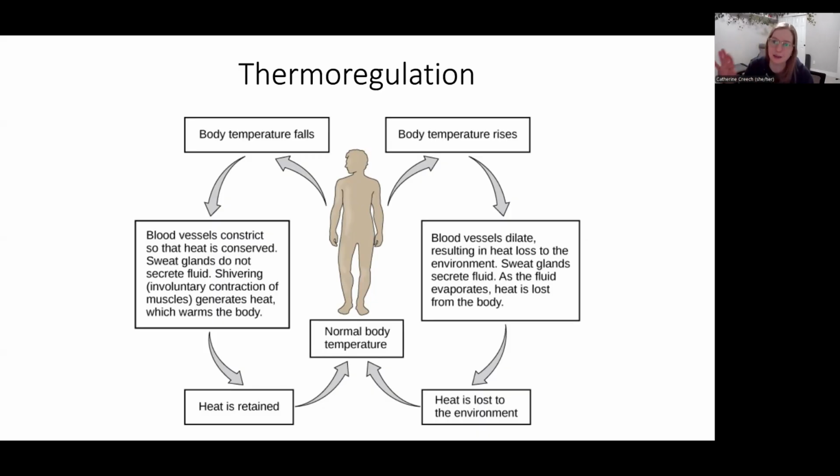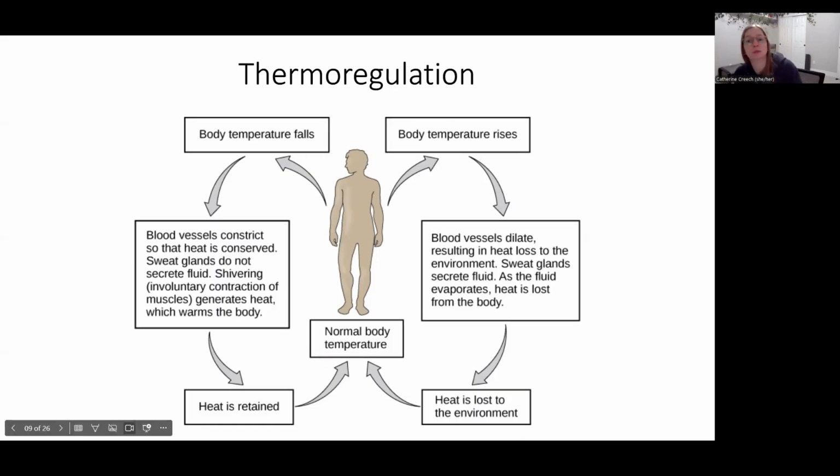So you're going to dilate your blood vessels, which is going to get more heat toward the external parts of your body that can be lost through just radiation. You're going to sweat, so you can lose heat from evaporation. You're going to try and breathe in more air, calm your system down. And as you do that, your body temperature will decrease and hopefully return to normal.